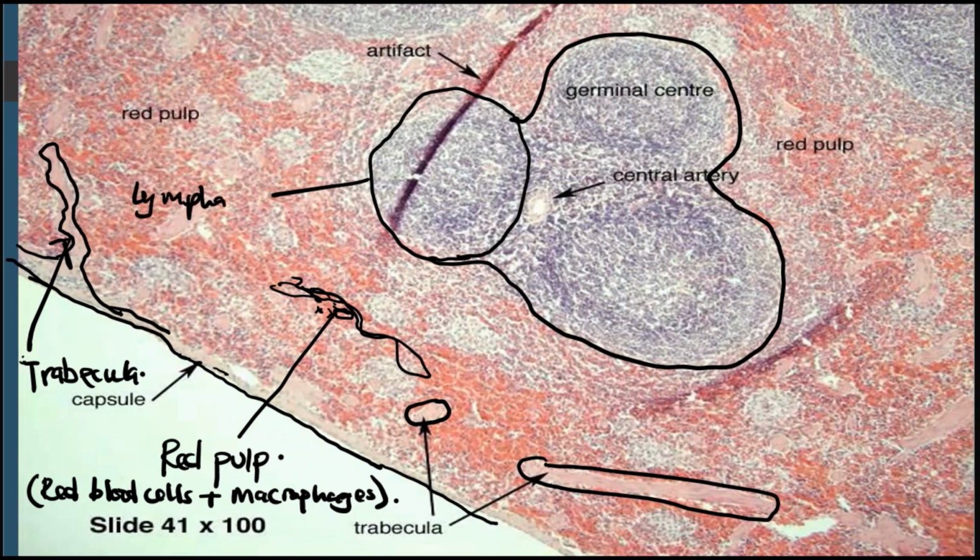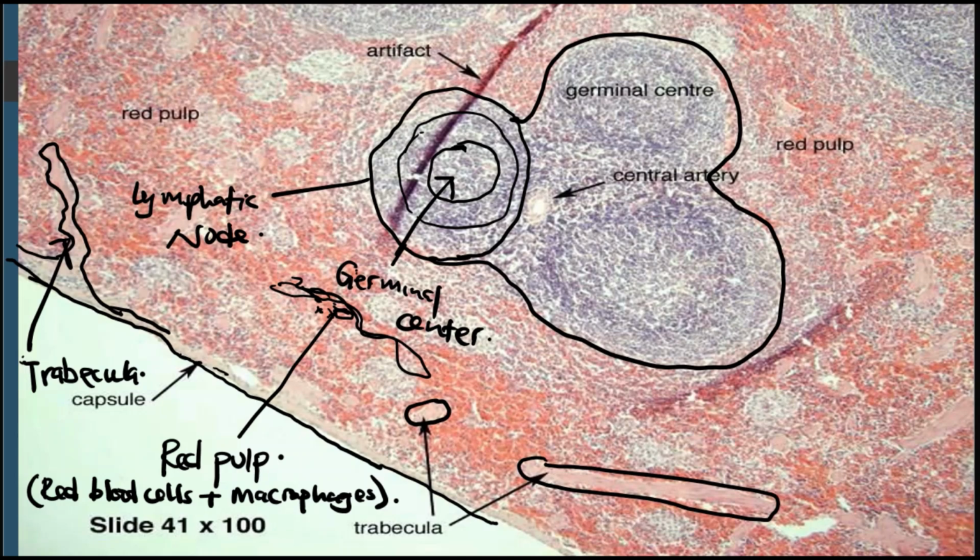As you can see here, it appears purple, but in the center it's pale. So the center is what we call the germinal center.